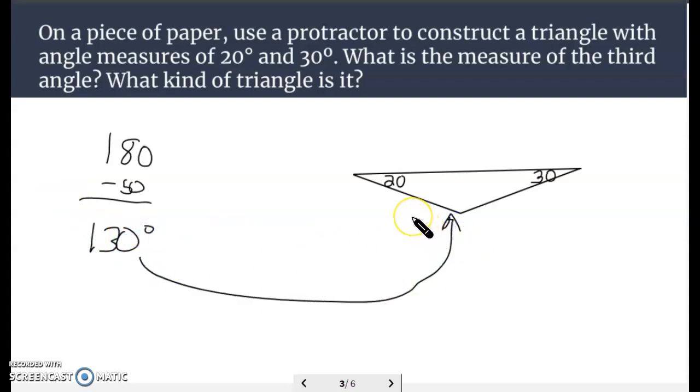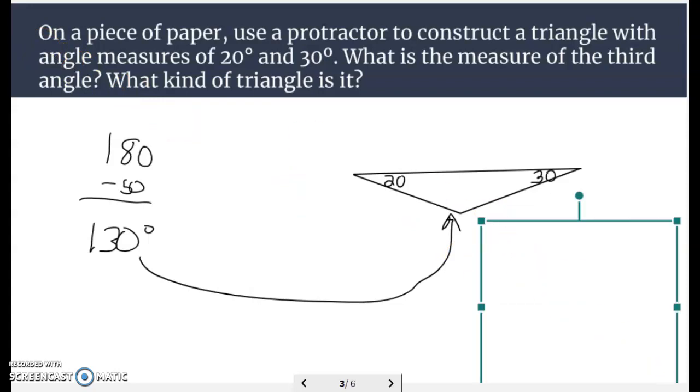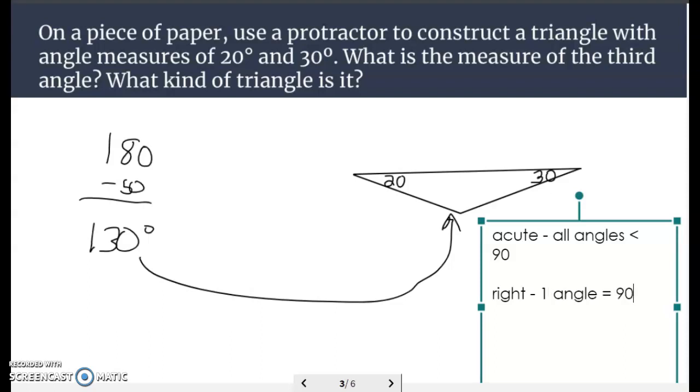And what kind of triangle is it? Okay, well, there are three kinds of triangles. Let's talk about these really quick. There's an acute triangle, where all the angles are less than 90. There's a right triangle, where exactly one angle equals 90.